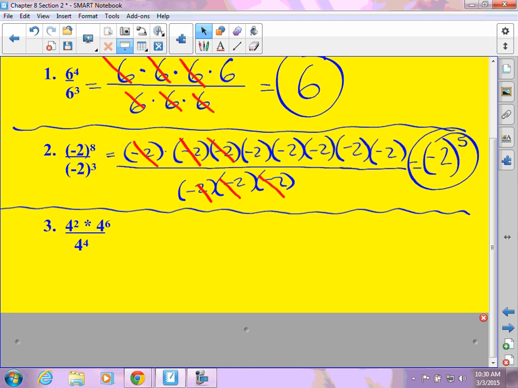Okay, let's take a look at this next one now. We learned this rule yesterday that when I have 2 numbers with the same base and different exponents, I add my exponents, don't I? So this is 4 to the 8th, because 2 plus 6 is 8, over 4 to the 4th. So how many 4's do I have in the numerator? 8.